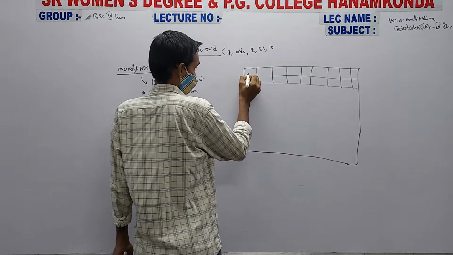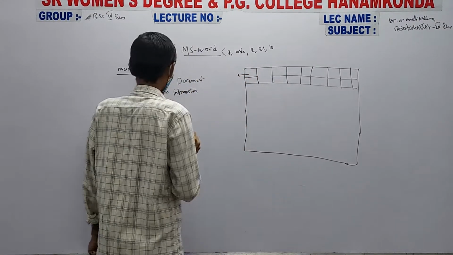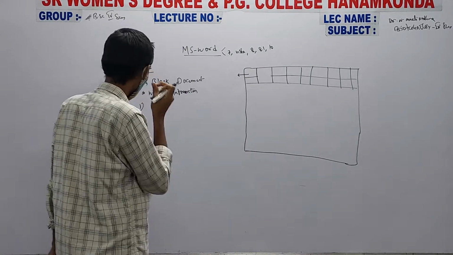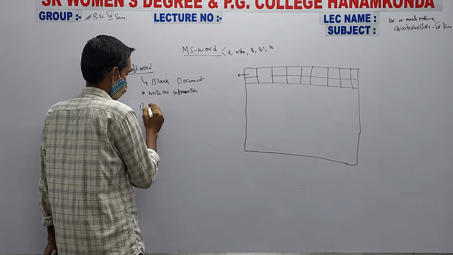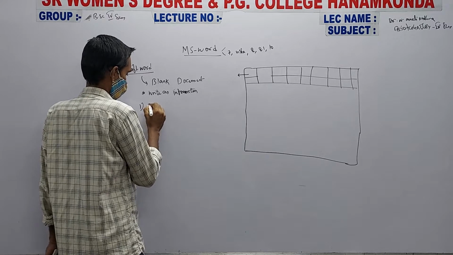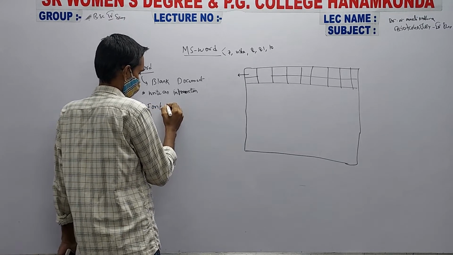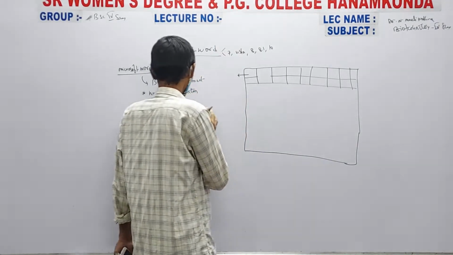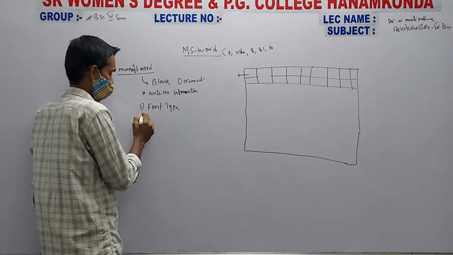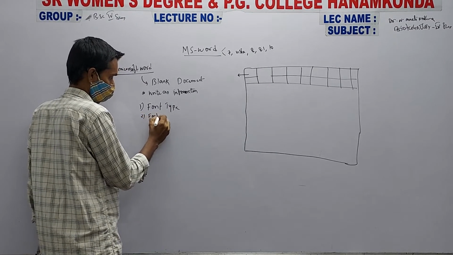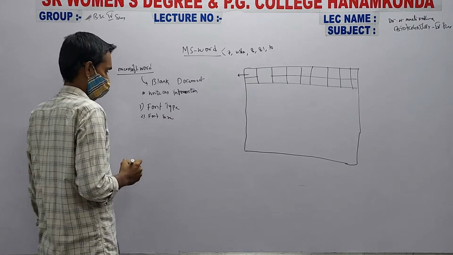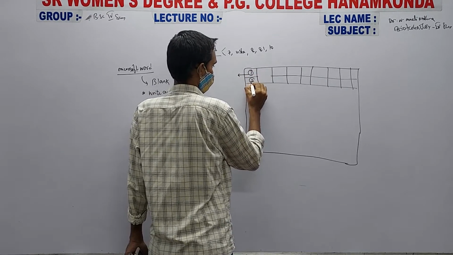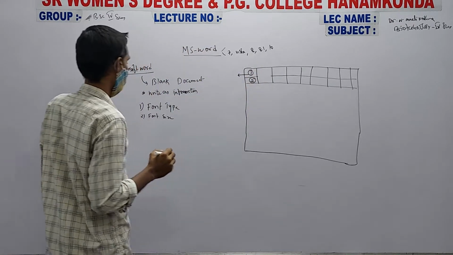The first option in a Word document is font type. The word which we are writing on the document, which type of font we are using, that is font type. The second one is font size. So here will be 1 and here will be 2, font type and font size.